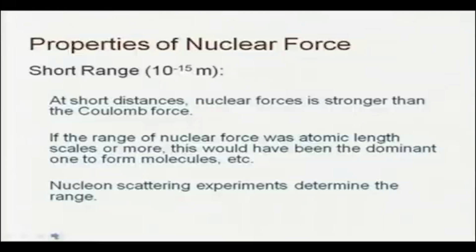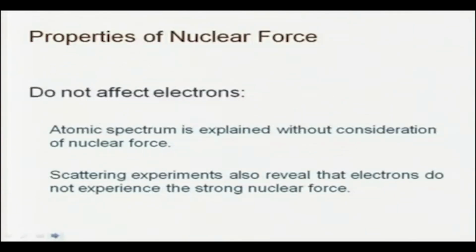But we know that we can explain the chemical bonds, or the coming together of the atoms to form molecules, by using electromagnetic force. And then there are also nuclear scattering experiments which can determine the range of this nuclear force, and from all these experiments we know now that it is a very short range force.